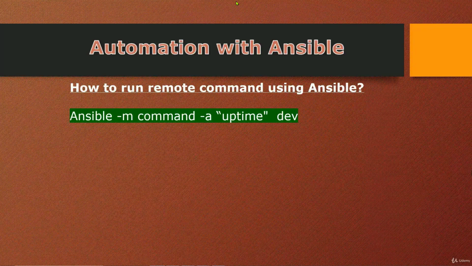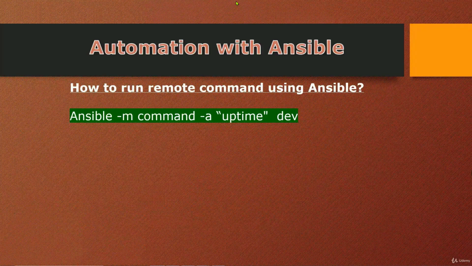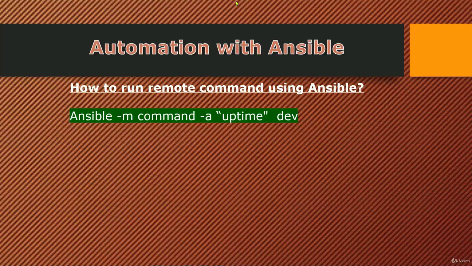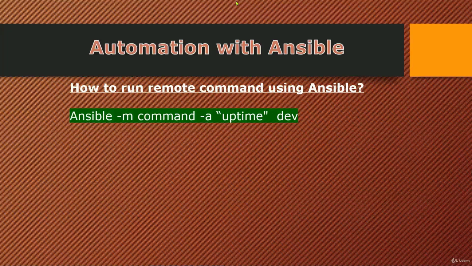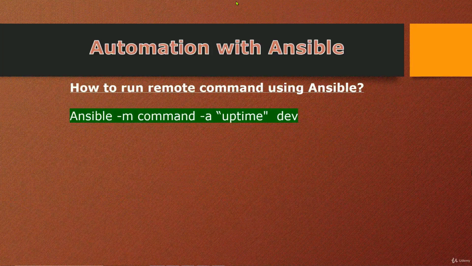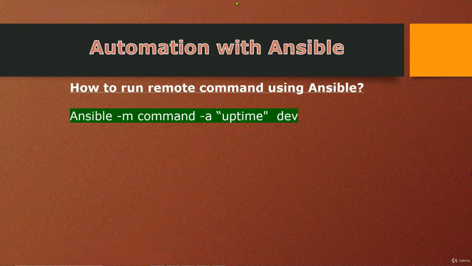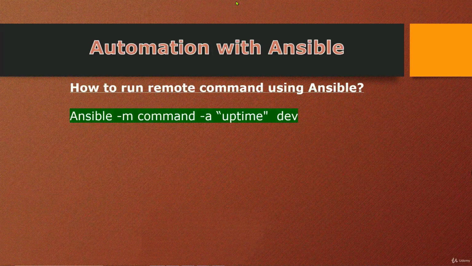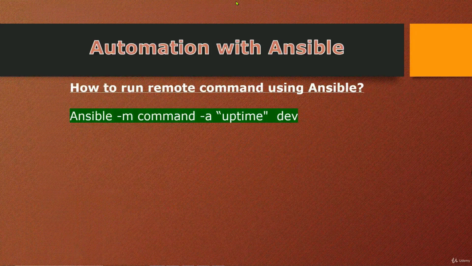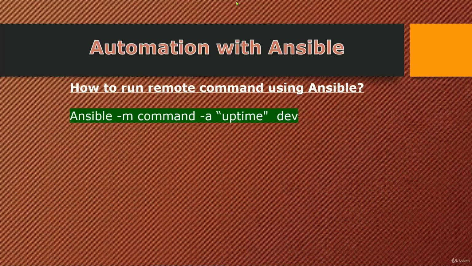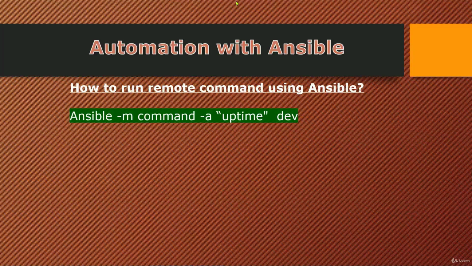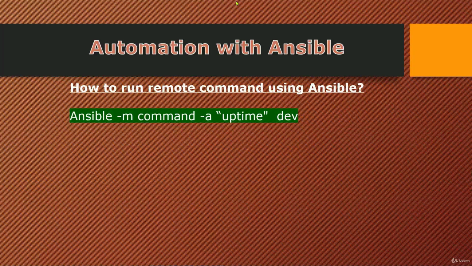Dev is the group in which we have some servers. So this command will be running on all the servers specified under dev and running the command uptime on all the client machines, fetching that output and showing it at the front end. So with this command you will get an uptime output from the desired servers which you have mentioned in the group dev. So this is a simple command.